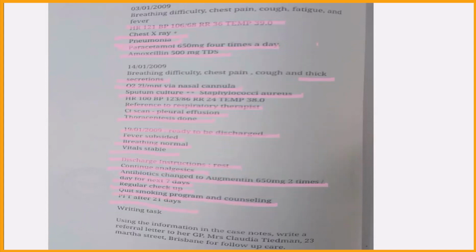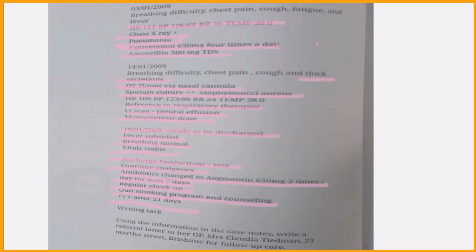Then mention the antibiotics. Why? Because it has already been used, we don't know when it was changed. You can mention it on the last day. Her antibiotics have been changed to Augmentin, 650 mg, 2 times a day. I told you it's optional.